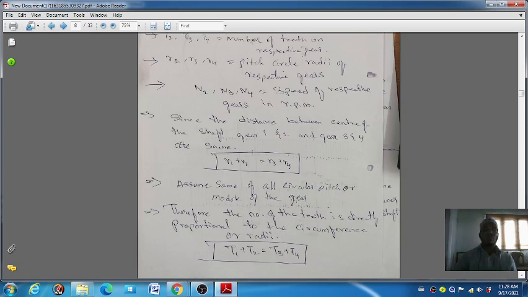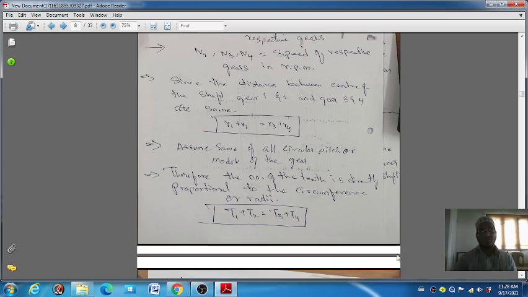So like this, the number of teeth is proportional: T1 plus T2 is equal to T3 plus T4. If we add the T1 and T2 gears, the total number of teeth is equal to T3 plus T4. That is directly proportional.